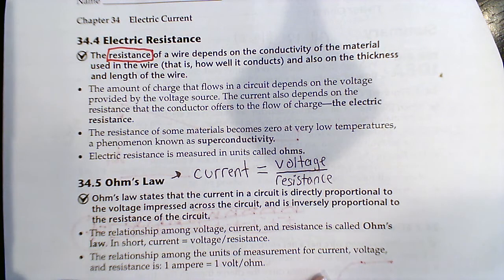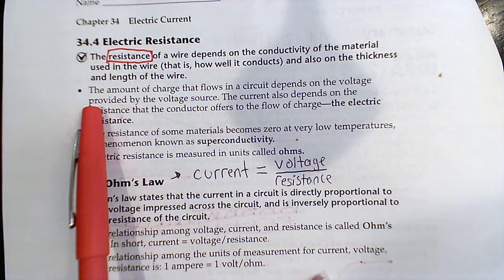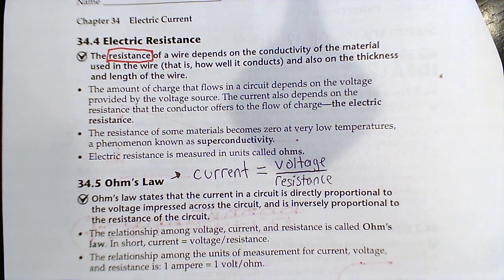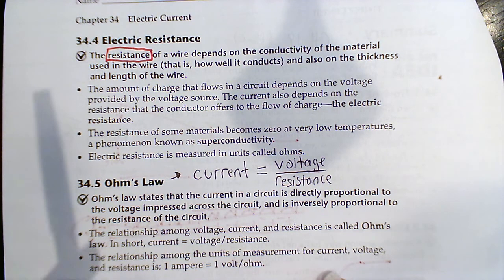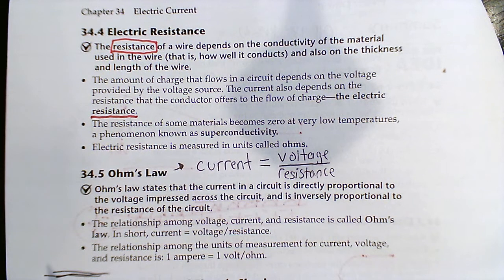So let's think about this. The amount of charge that flows depends on the voltage, which remember is the difference in charge. How much driving force is there? But it also depends on the resistance. How much is the material fighting that flow of electrons?